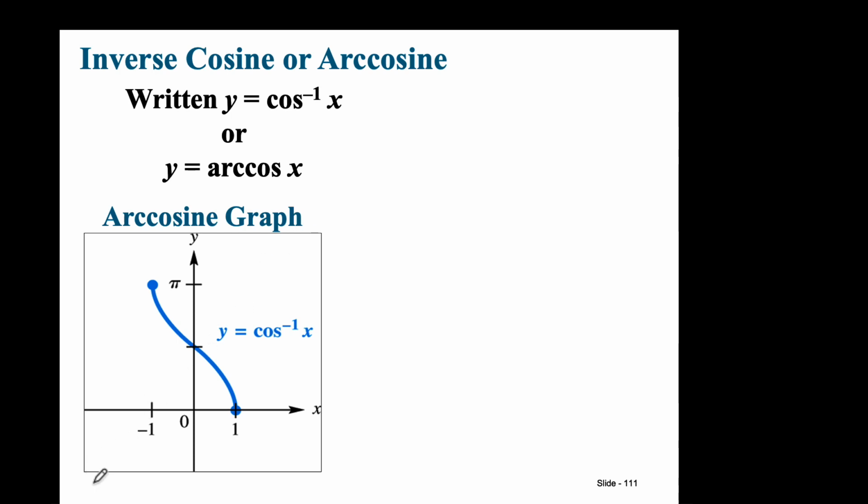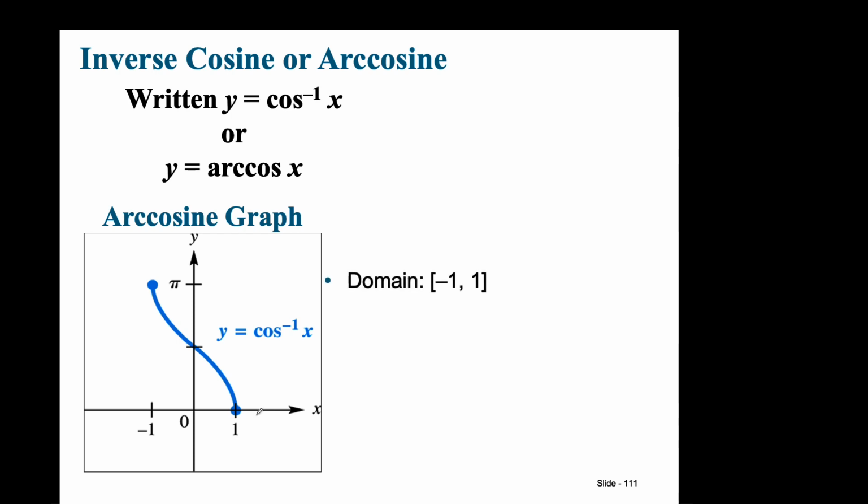You can refer back to the first slide in this video, and you'll see that this graph came from the piece that we cut out, the 1-to-1 piece of cosine. It was all in quadrants 1 and 4. If you graph its reflection or mirror image in the line y equals x, that is where this graph came from. This is the graph of arc cosine.